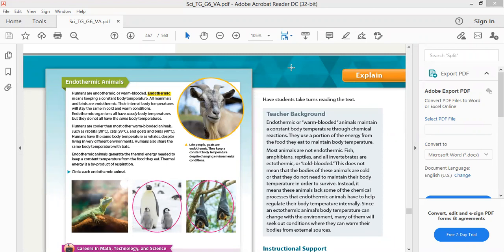Answer my question. If you were playing outdoors on a very hot day, but you are not sick, you feel hot, you sweat, and you measure your temperature with the thermometer, what would the normal temperature of your body be? Maybe 37. 37. Bravo.